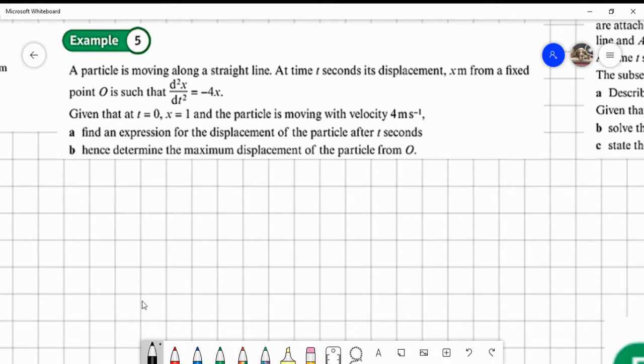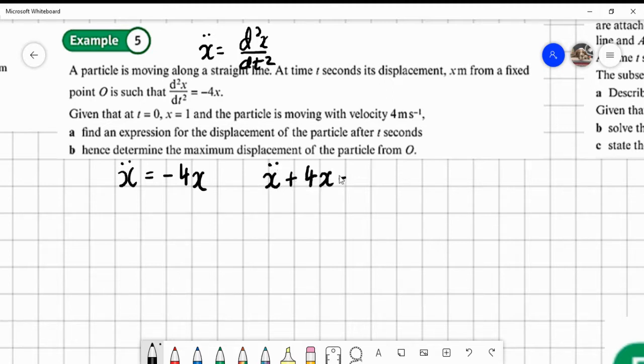What I'm going to do is use the notation x double dot for the acceleration. So x double dot is equal to minus 4x, which clearly you will recognize better as this equation.